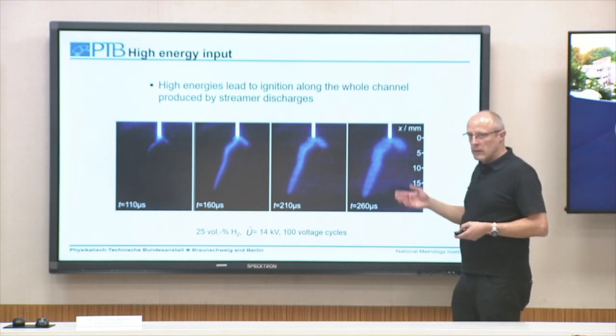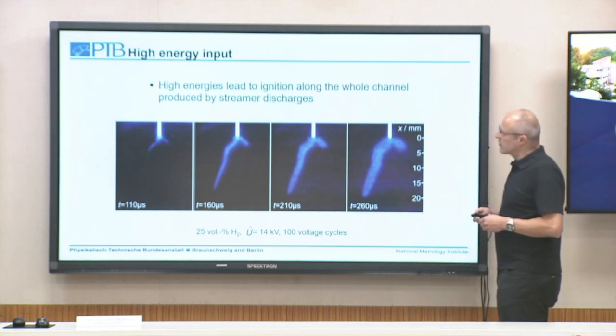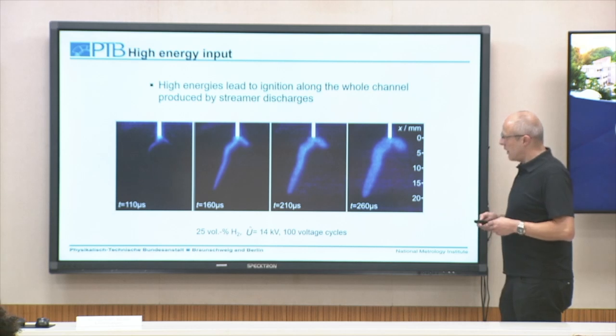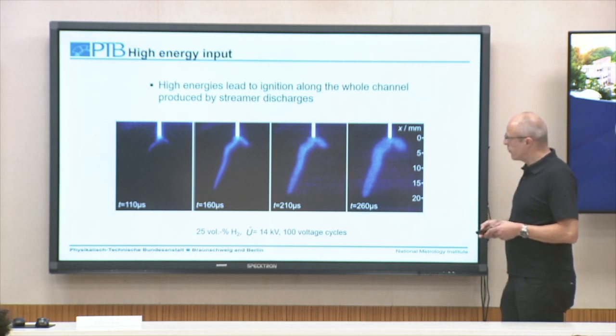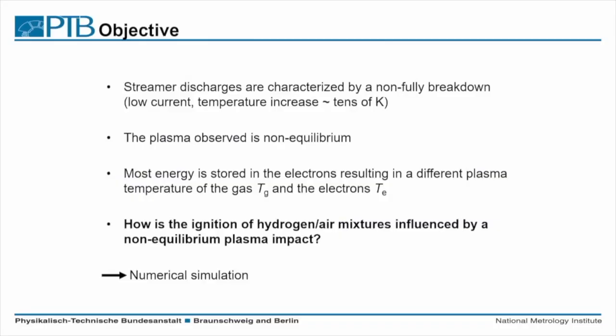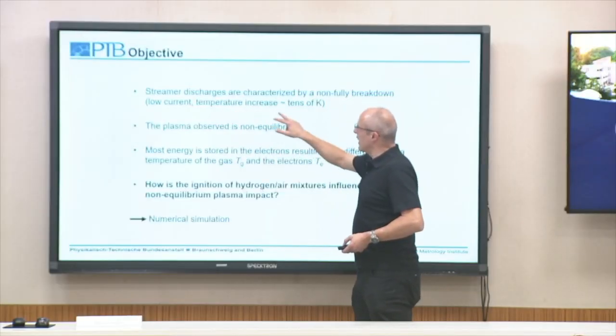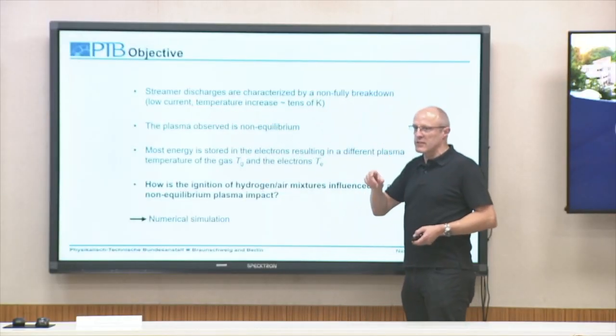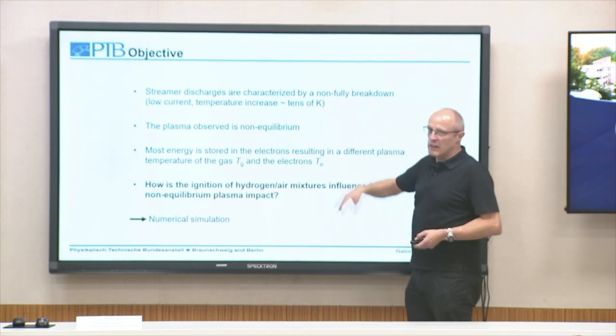This is why this is a concept which is also examined for combustion engines. These streamer discharges are characterized by a non-fully breakdown. So we don't have a spark, we don't have an equilibrium plasma. We have only low current. We have a temperature increase per streamer discharge by only tenths of Kelvin.